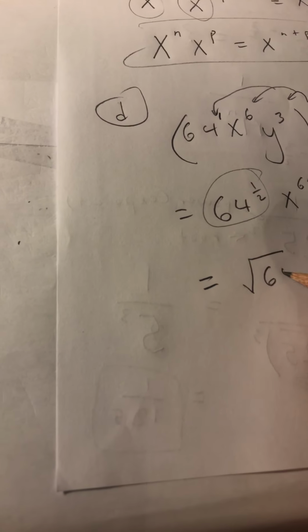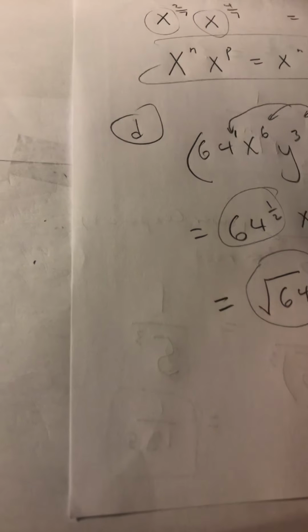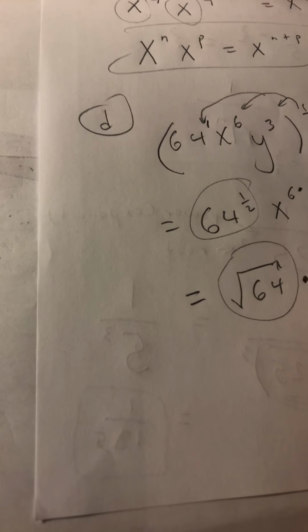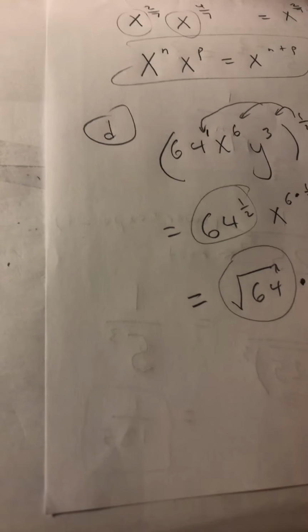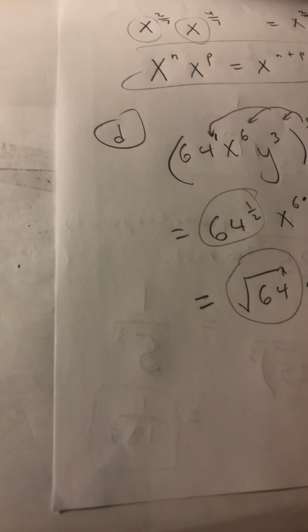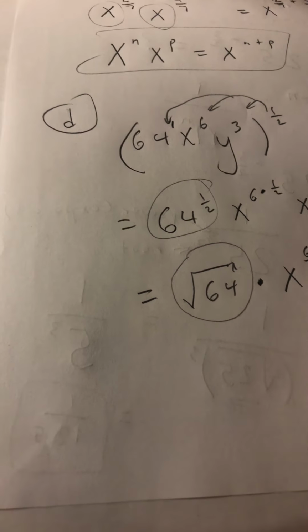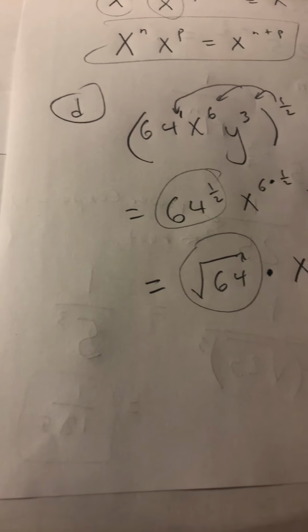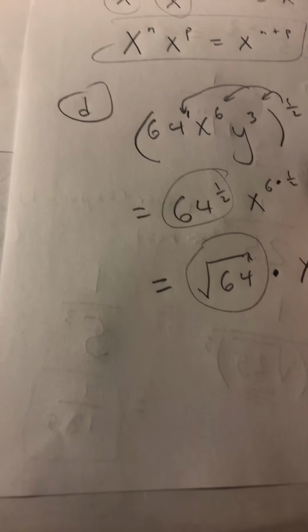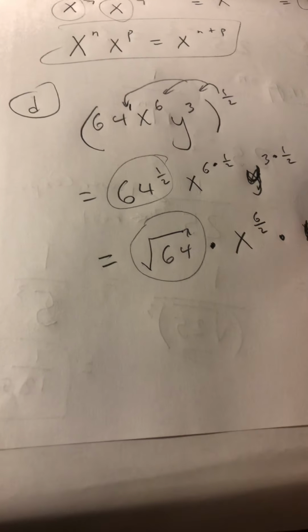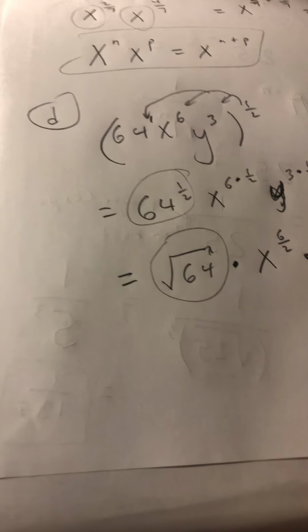So that's the square root of 64, times, on the outside here, x to the 6 over 2 times, sorry guys, this was supposed to be a y here, y to the 3 over 2.